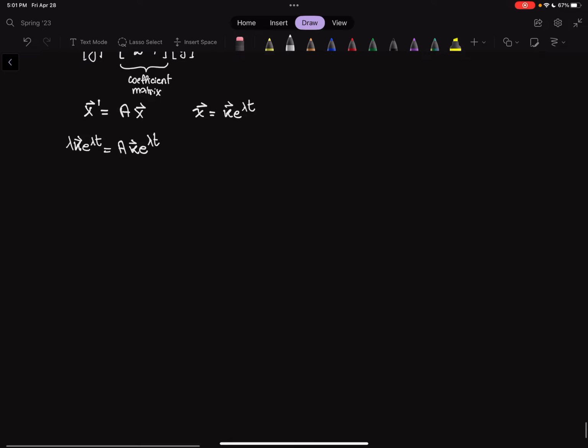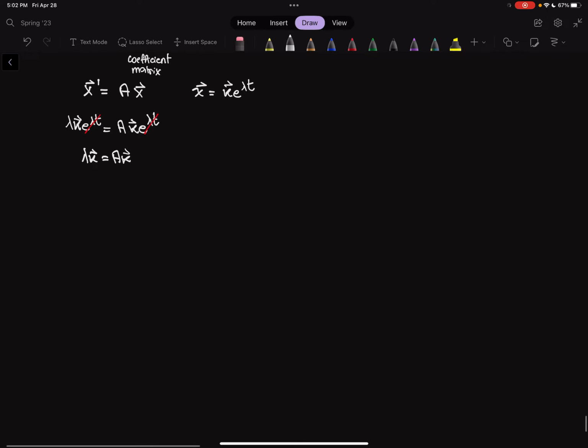So now we take this e to the lambda t away, since that will never be 0, and we realize that this is asking the question, what matrix applied to a vector gives me the same thing as just scaling the vector but doesn't knock it off of its span. So I flip the equation, and I can put an identity matrix here just to make it matrix multiplication on both the left and the right.